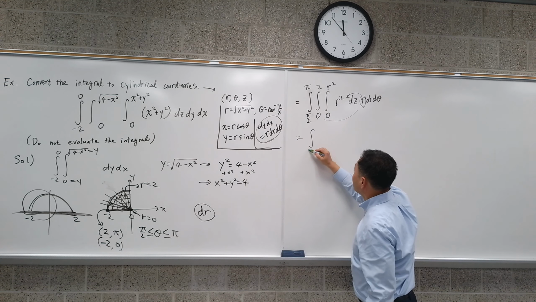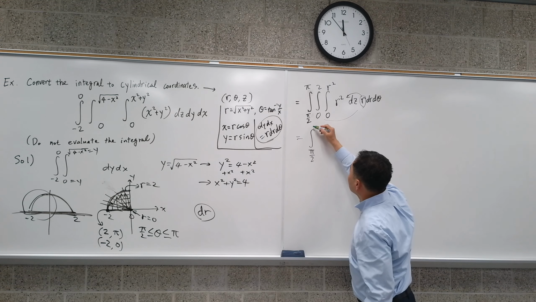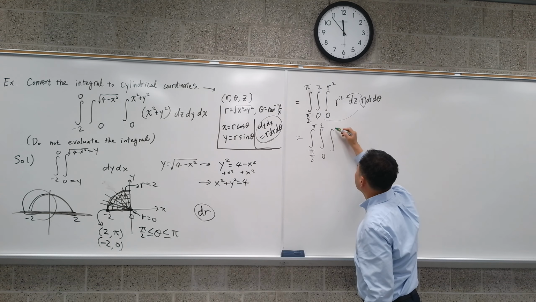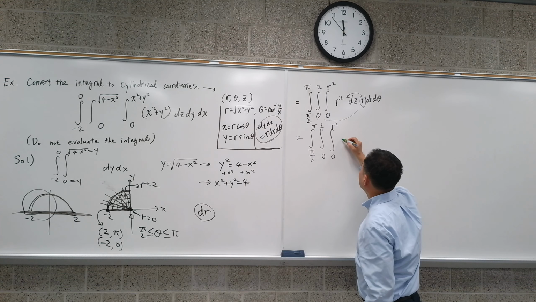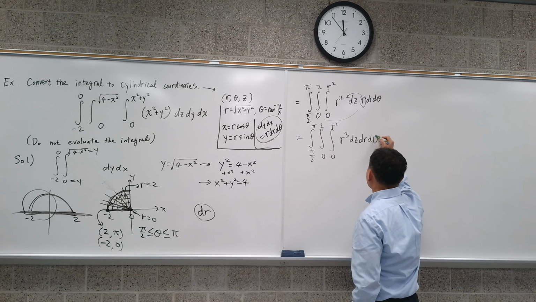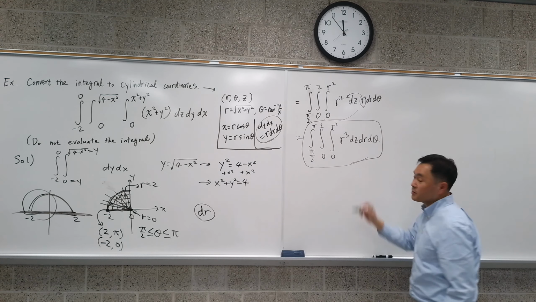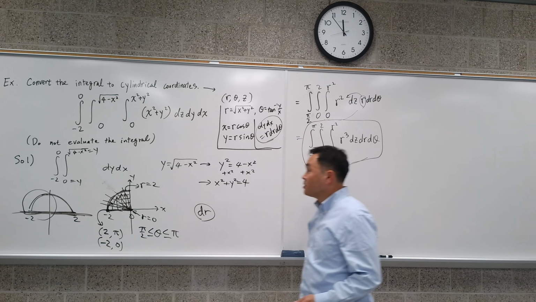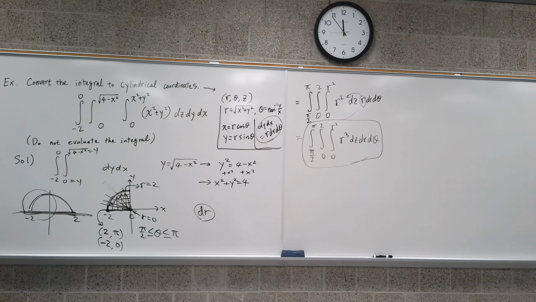So the well simplified solution would be r cubed dz dr d theta. Okay, so that's the answer. I said do not evaluate the integral, so you don't have to.